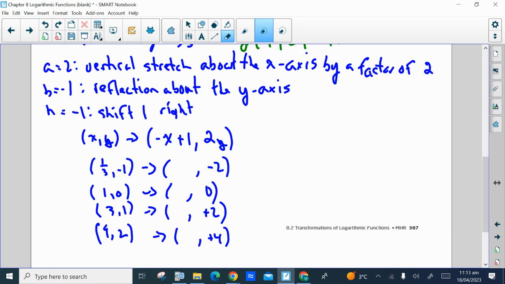So again, I apologize for that. -1 times 1/3 is -1/3, but then we're going to add 1, which will be +2/3. 1 times -1 is -1, plus 1 is 0. -3 plus 1 is -2. And -9 plus 1 is -8.